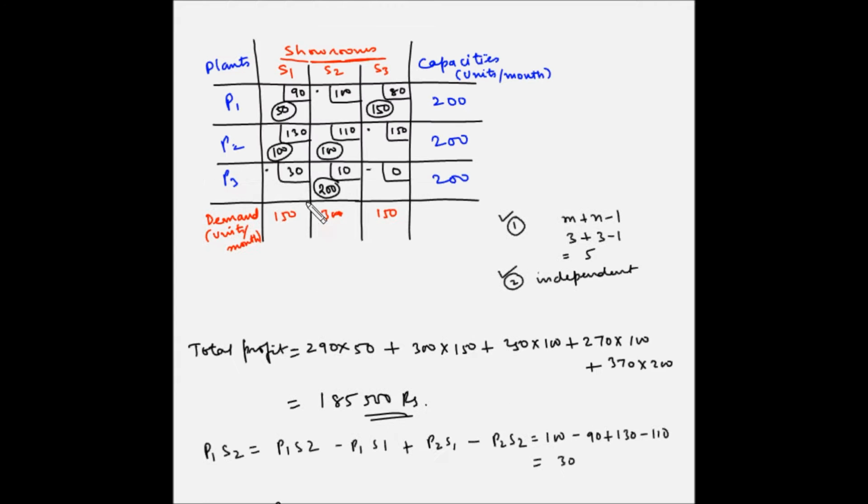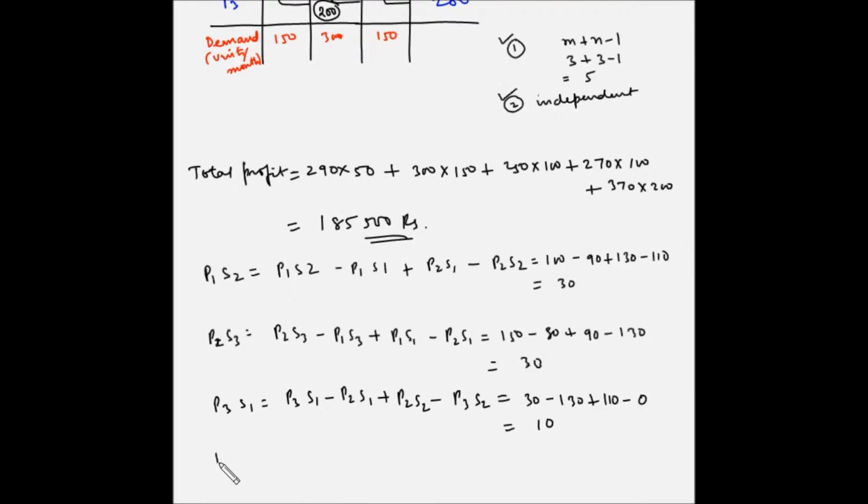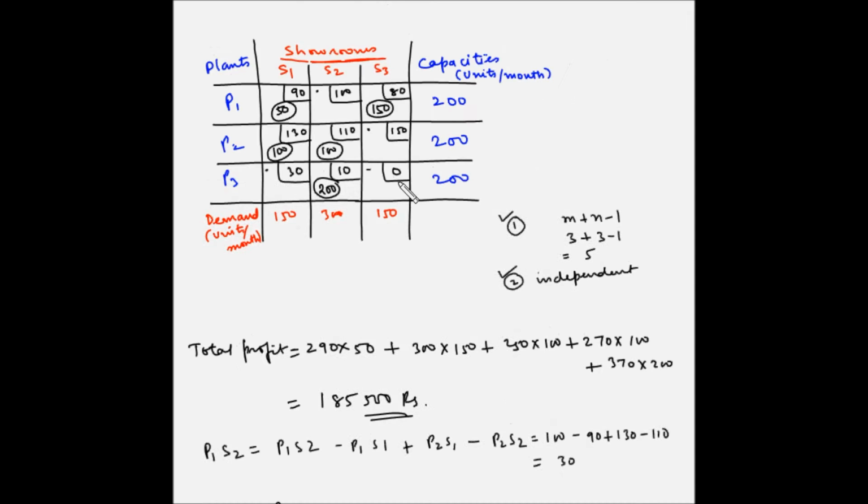Now the last water square, which is P3S3, let's form the closed loop. So the closed loop for P3S3 will be P3S3 to P1S3 to P1S1 to P2S1 to P2S2 to P3S2 and then back to P3S3.